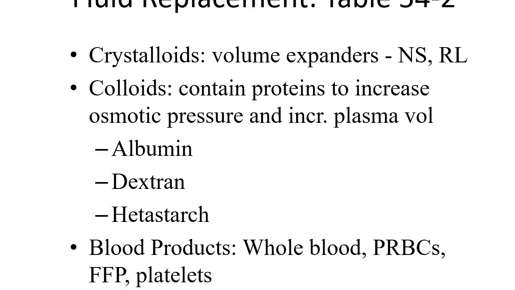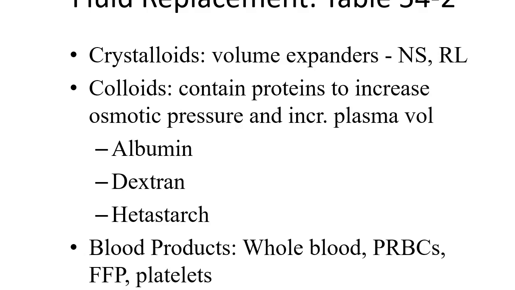The reason that we use that a lot in patients who have the potential of going into shock is that it has a buffer for the lactic acid that is produced when those cells switch to anaerobic metabolism, leading to metabolic acidosis. So lactated Ringer's is a buffer for that low pH to bring it back up to normal.